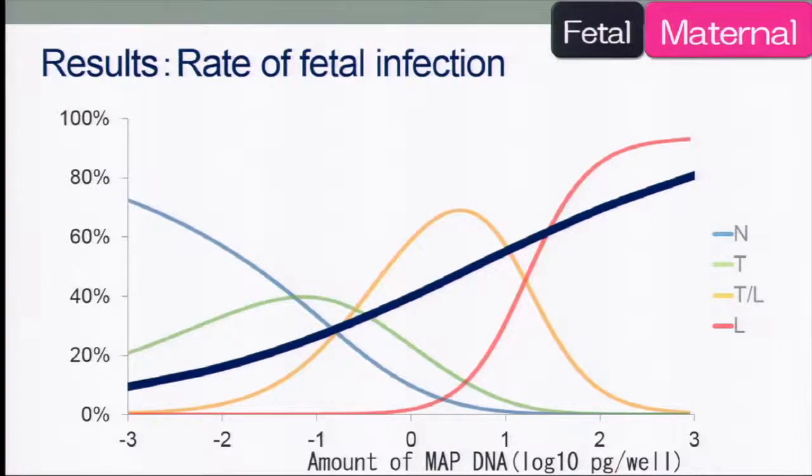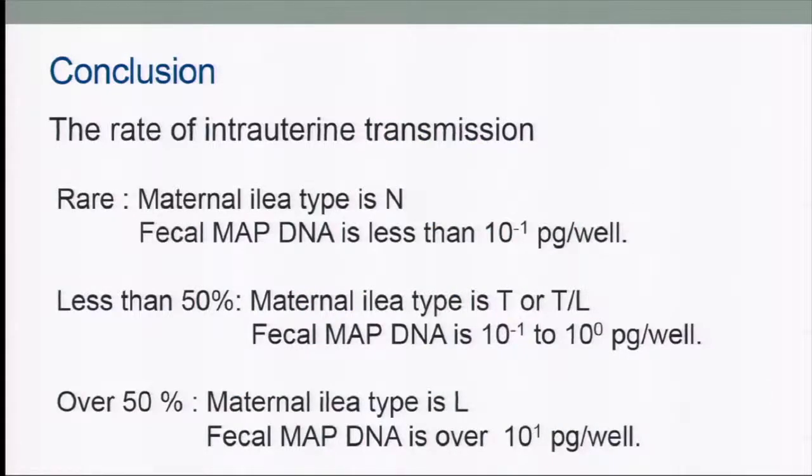In previous studies, we have shown that a multinomial logit model can predict the histopathological classification type by measuring the amount of MAP DNA. It indicates that fetal infection rates increase with high rates of severe lesions. In this study, if maternal ileum was N-type, MAP was not detected in fetal specimens.